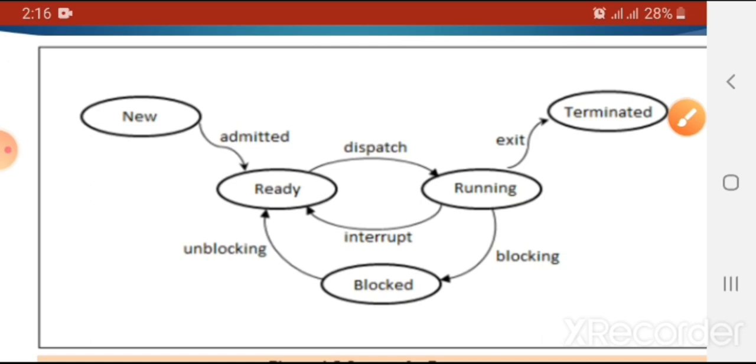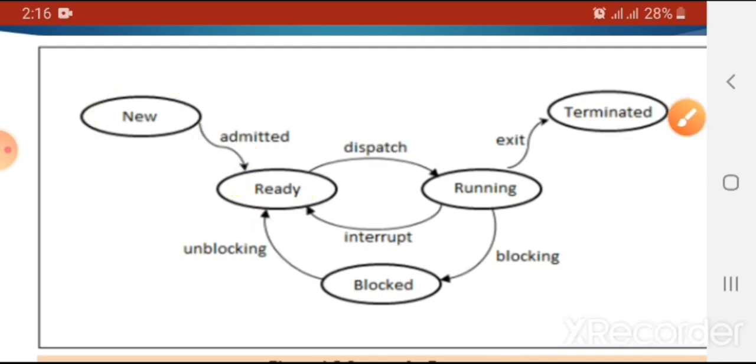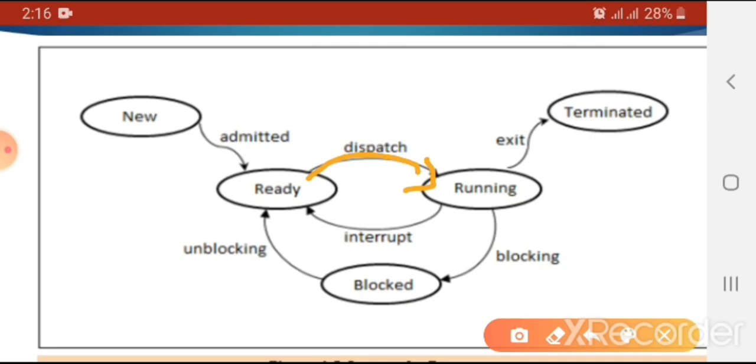Whenever a process is created, it is in the new state. When it is admitted to the CPU, before going to the CPU, it becomes ready for execution. When it is ready, it will be dispatched by the dispatcher and it will be in the running state. After running, if it completes its execution, it will go to the terminated state.